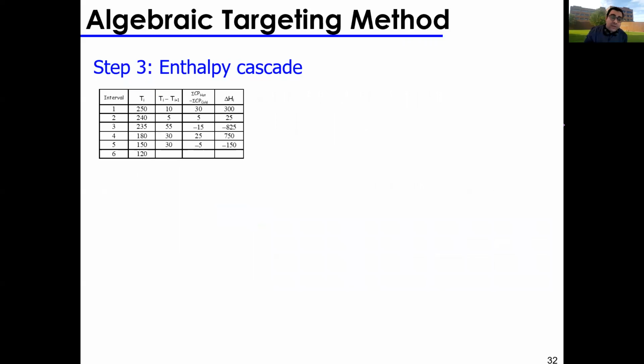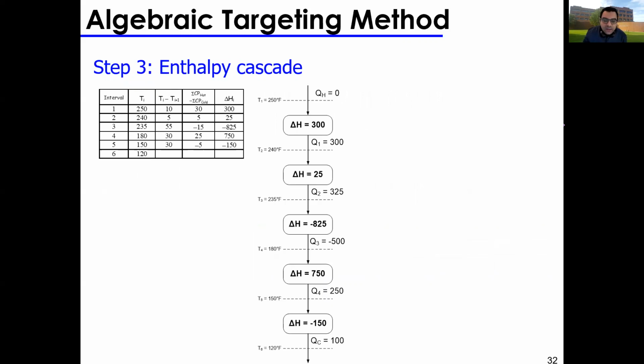We're going to build what's called an enthalpy cascade. So how do you do an enthalpy cascade? What does it mean? And this is what it is, right? Basically, the easiest way to do it is to just list T1 250, T2 240, and I have a heat exchange point here, and then I have this, right?